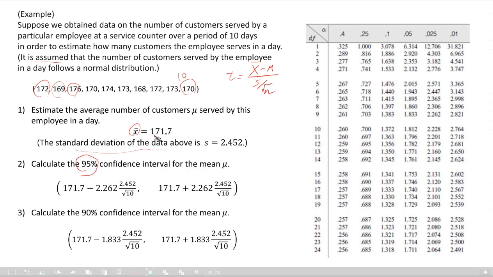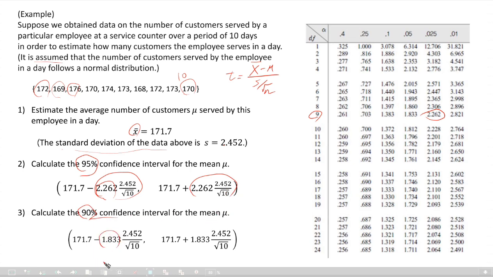Then x bar, 171.7, plus or minus t value times s. What is the t value? With degrees of freedom 9 and 0.025, it is 2.262, times s, 2.452, divided by square root of n, 10. And the same thing with plus here. And how about the 90% confidence interval for mean mu? Then just change the t value.